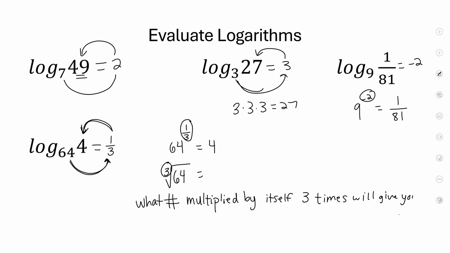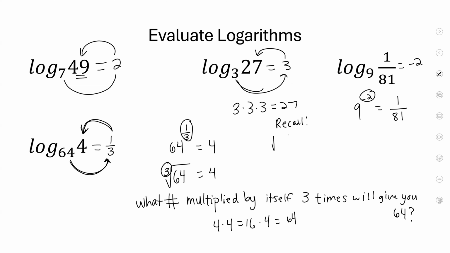Well, the answer is 4, because 4 times 4 is 16, times a third 4 will give you 64. So this is something you have to remember or recall.